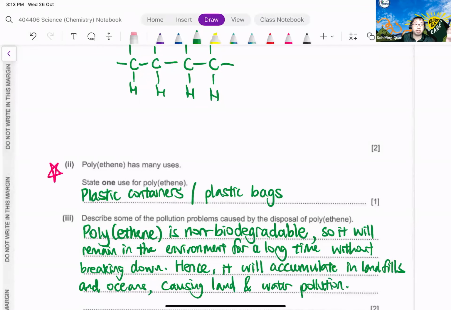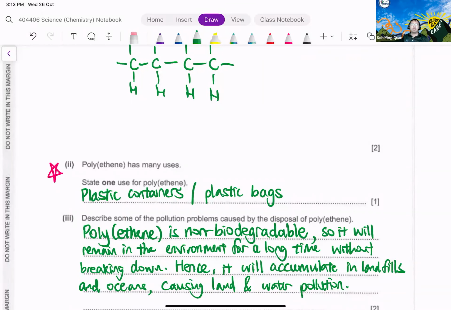If you look at my answer, it gives details. I started off by explaining that it's non-biodegradable, so it will accumulate in the environment for a long time, in your landfills or in the oceans, which can cause land and water pollution as a result. So don't just go straight to saying water pollution. Give me the examples.